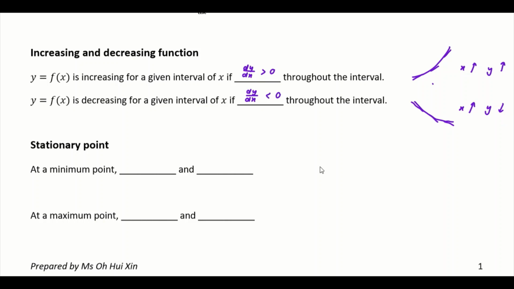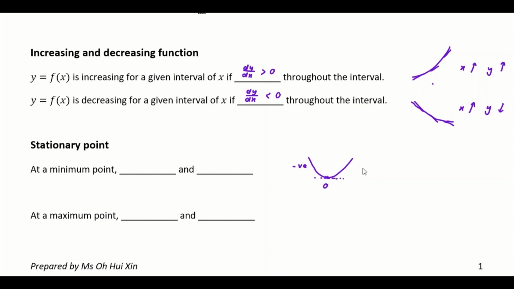All right, then the last part, we also learned about the stationary point. So if it's a minimum point, it's going to look like this, right? You can imagine at this point, the graph has a negative gradient. So it's negative. When you reach here, you will have a tangent that looks like this. The gradient for a horizontal line will be 0, correct?